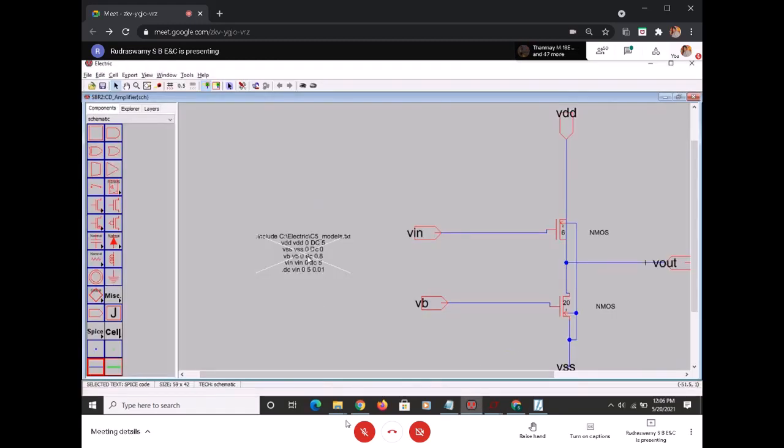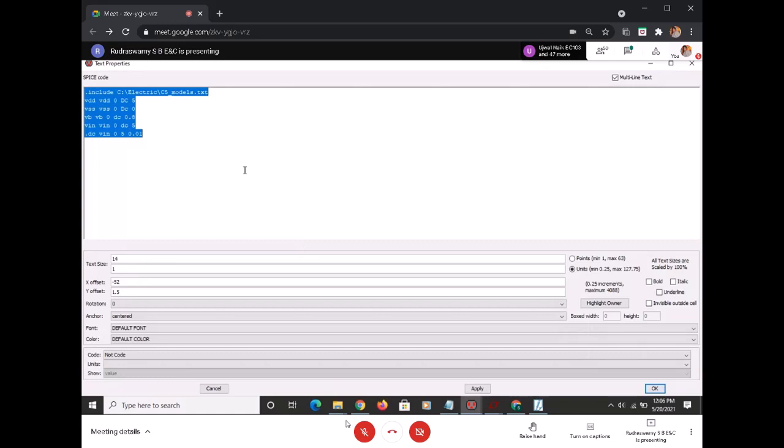Now moving ahead from the DC, we'll go to the transient analysis. We keep the VDD, VSS, VB as they are. The only thing is we change V in from DC to sine, because it's an amplification, it's all about sine.